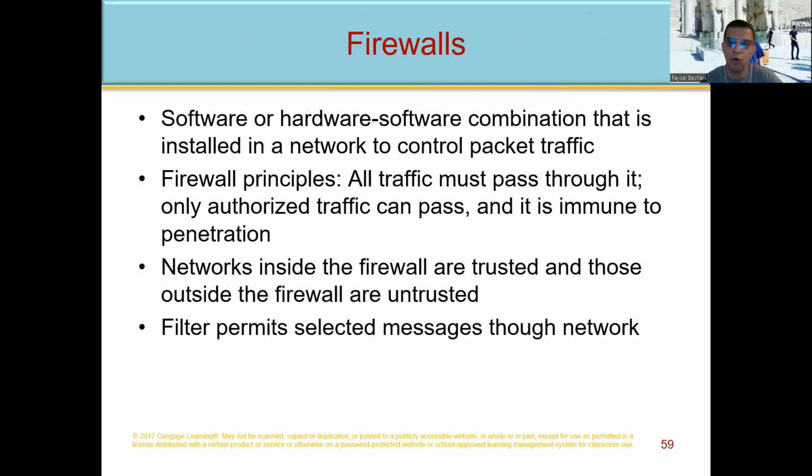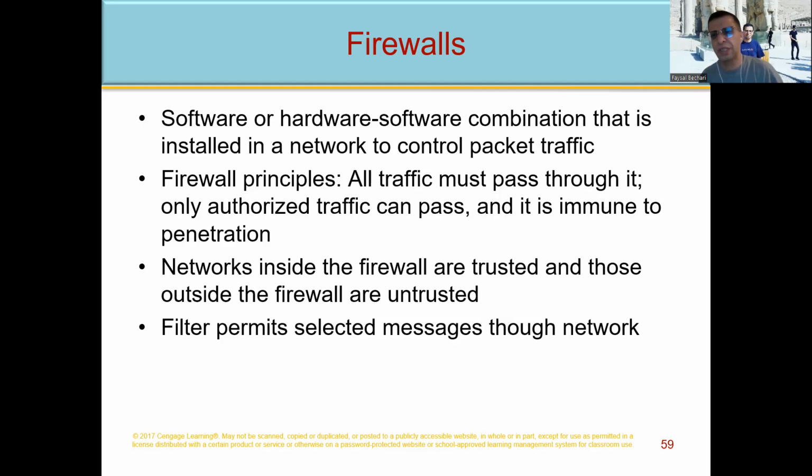And then you have what you call firewalls. It's a hardware and software combination that is installed on your network to control the packet traffic and analyze it. The firewall principle is that all the traffic must pass through it, and then it analyzes it, and only authorized traffic can pass, and it is immune to penetration.